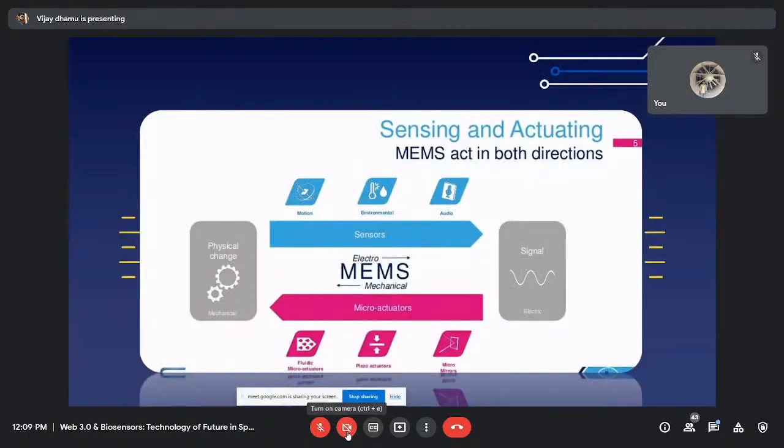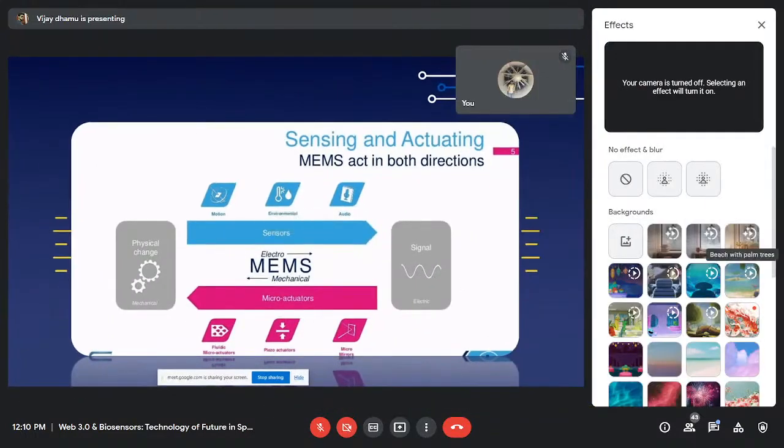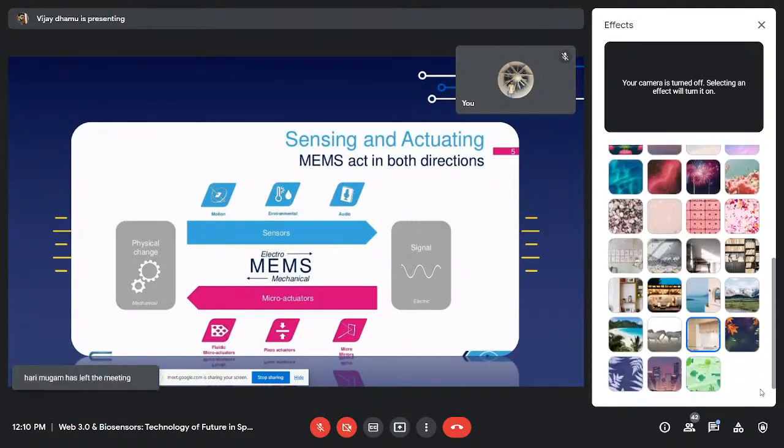Most of the sensors we use now are electromechanical sensors, and the introduction of MEMS revolutionized the industry, what we call Industry 3.0. The microchip and the microprocessor were all a result of MEMS.